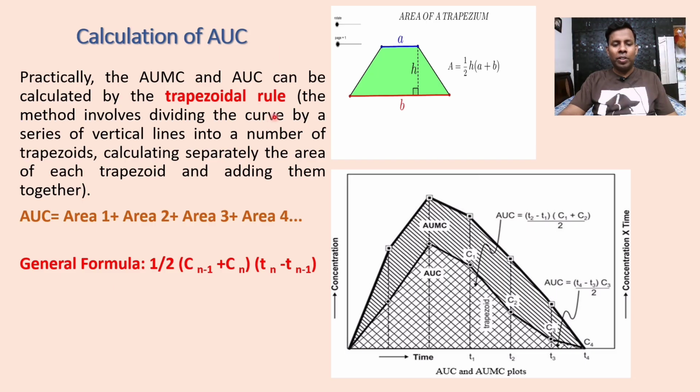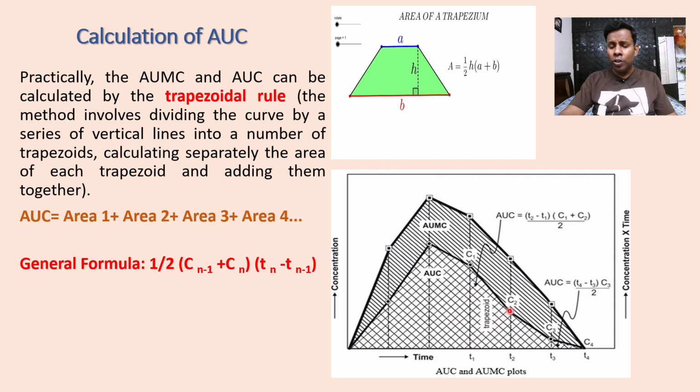The trapezoidal rule involves dividing the total area under the curve by a series of vertical lines into a number of trapezoids, then adding the area of each of those trapezoids to get the total area under the curve. What does it mean? AUC, as we know, stands for area under the curve, the total area under the time versus plasma drug concentration curve. So what this trapezoidal rule is saying is that we need to divide this total area into several trapezoids by drawing vertical lines.